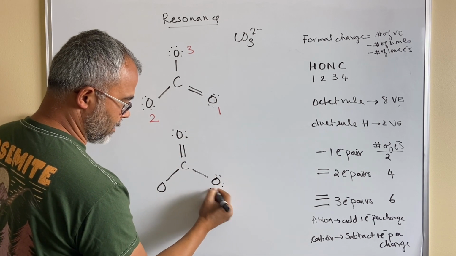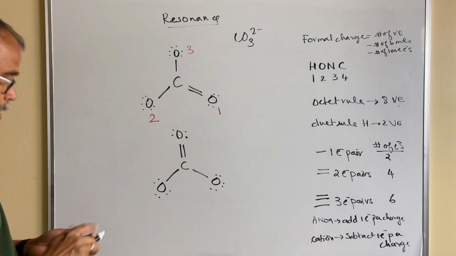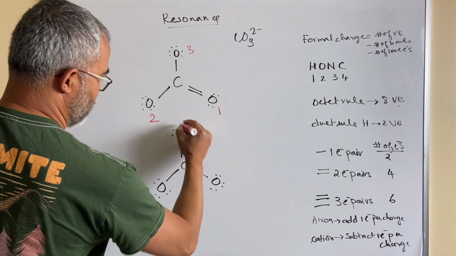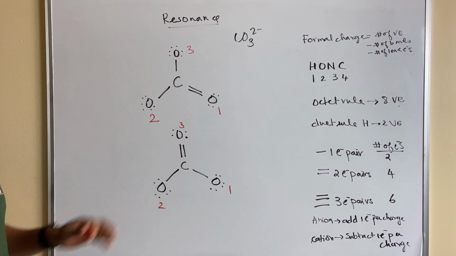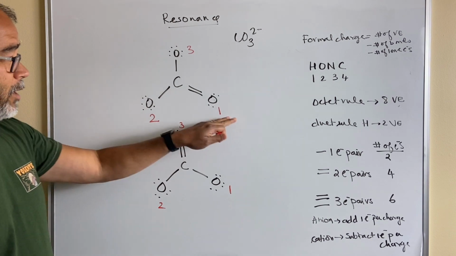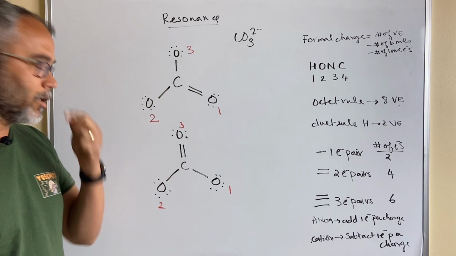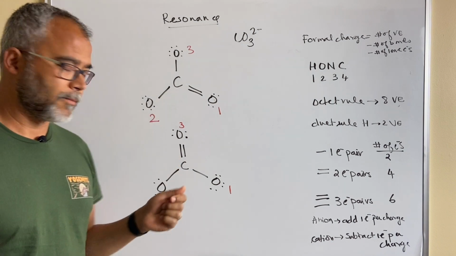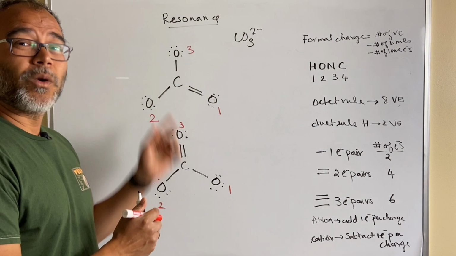This one would have 6, and this one would have 6 as well. So then, just to keep our convention the same, that's 3, that's 1, that's 2. Notice carefully, out here oxygen number 1 had the double bond, and out here oxygen number 3 has the double bond. So the question is, which one is correct? The answer is both are correct, because both of these are equivalent forms.